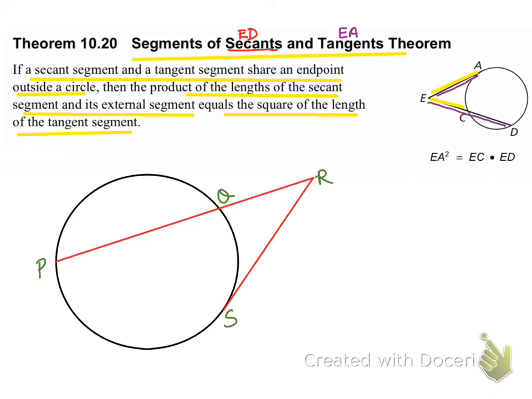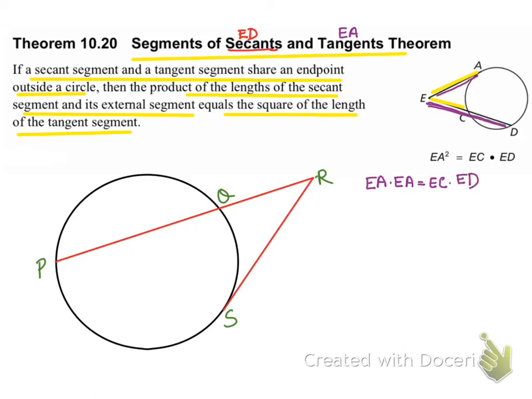If I have to use that logic, external times whole, it means the first one, EA, that's the external, and EA is itself the whole, equal to EC for the other secant here, that's the external, and the whole is ED, EC times ED.